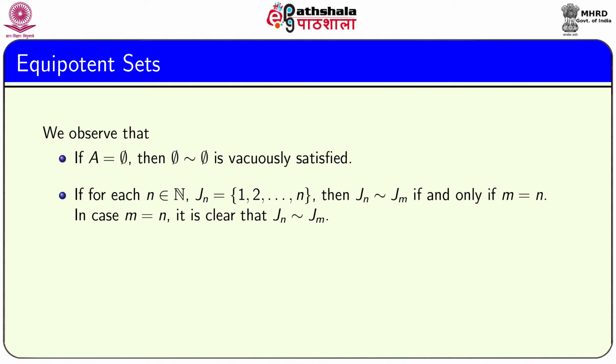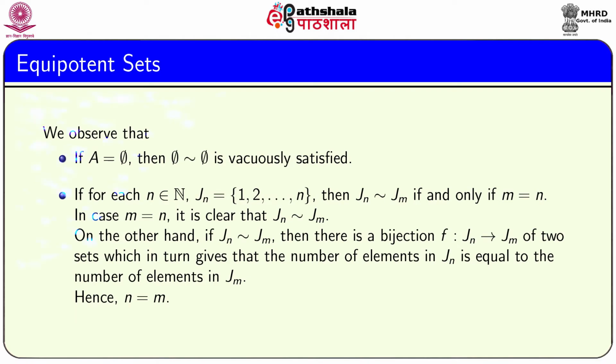If we take Jn as the set consisting of the finitely many integers 1 to n, then Jn is related to Jm if and only if m is equal to n. Now, if m is equal to n, then it is clear that Jn is related to Jm.